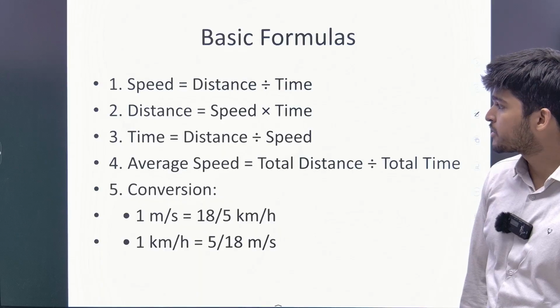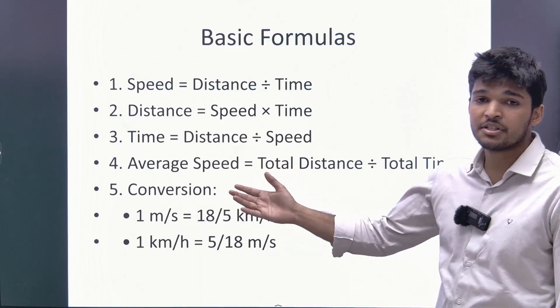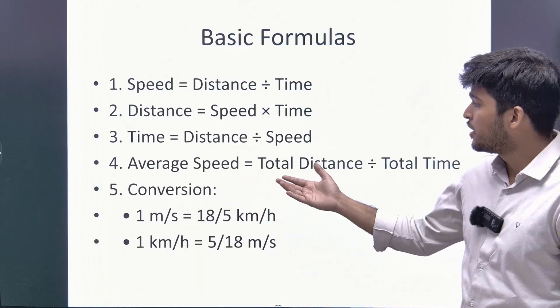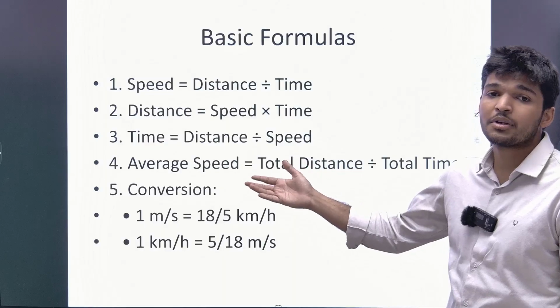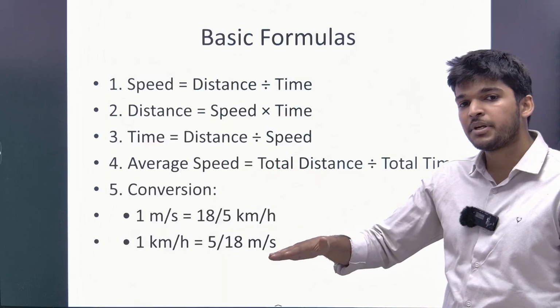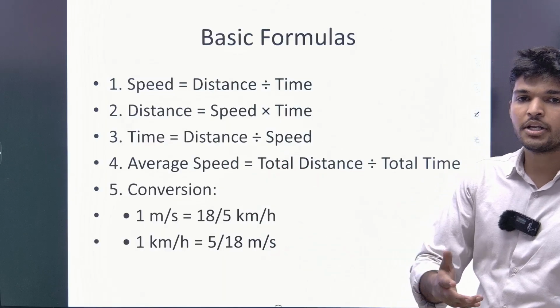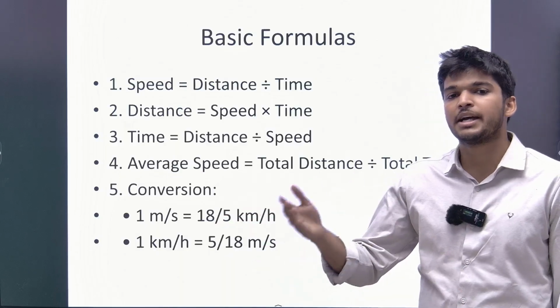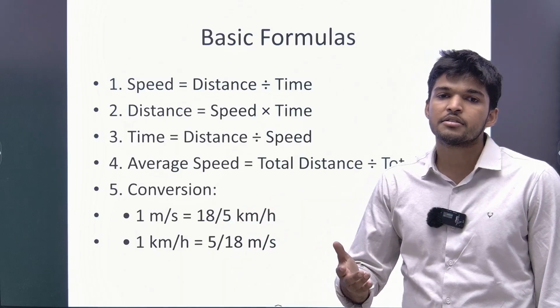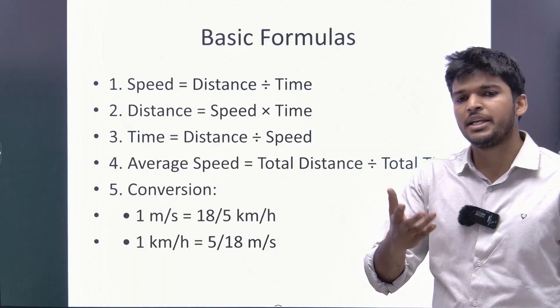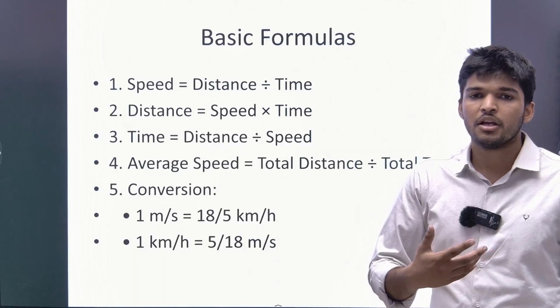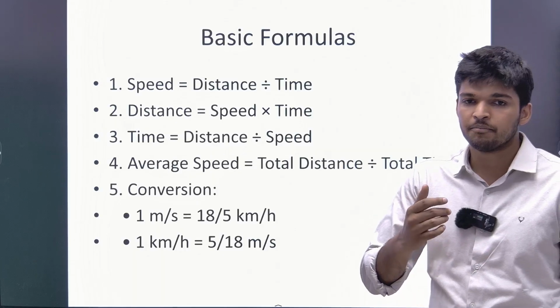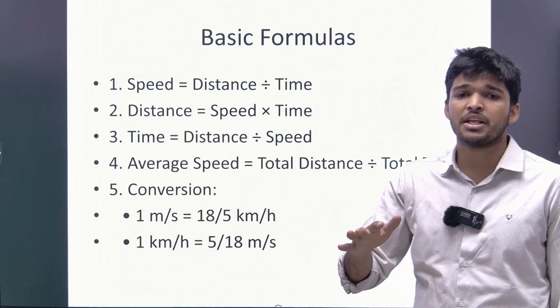So moving next, there is this formula of average speed, which we use to calculate the average speed by which the body, the person, the vehicle is moving to cover the entire distance. Whenever a distance is covered by any body or us, we do not cover it with a constant speed. The speed keeps changing.